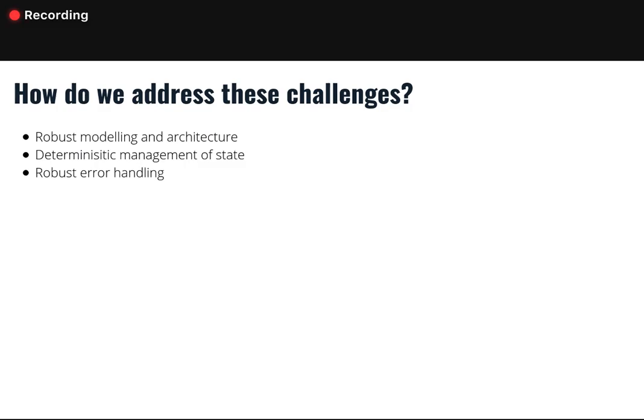So ideally, we want to drill everything down to a deterministic system. And finally, on top of all of that, or if it's not possible to make our system deterministic, for example, or not easily, we want to make sure that we have robust error handling mechanisms on top of all of that.